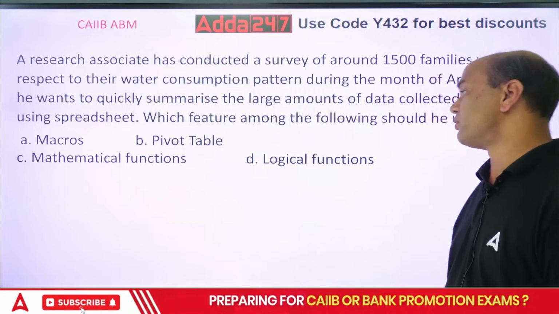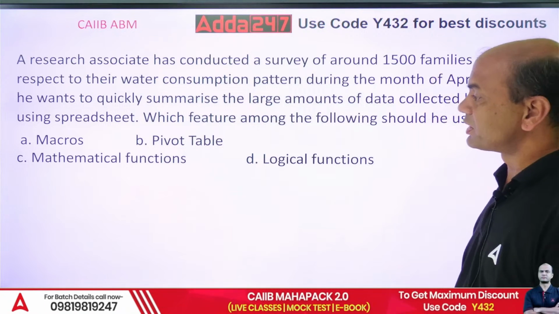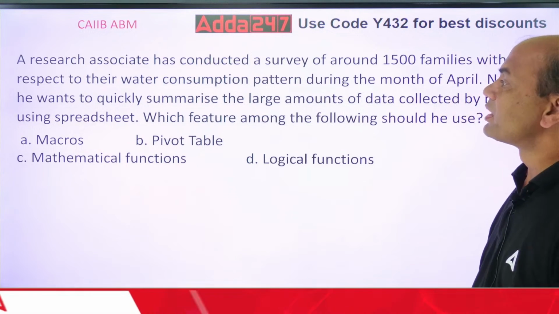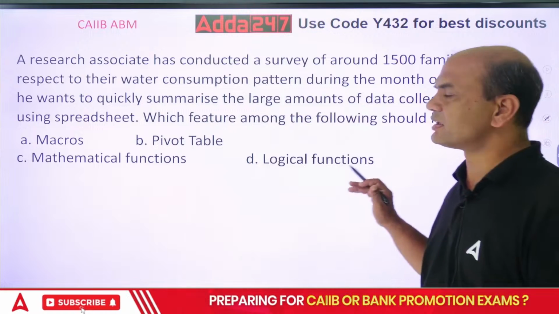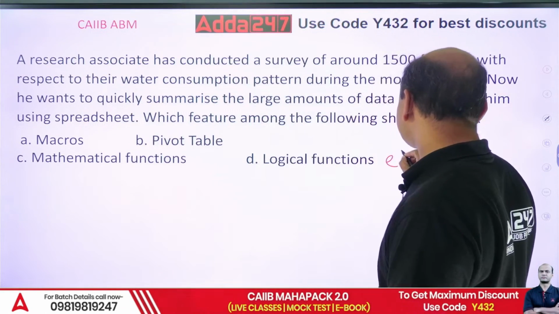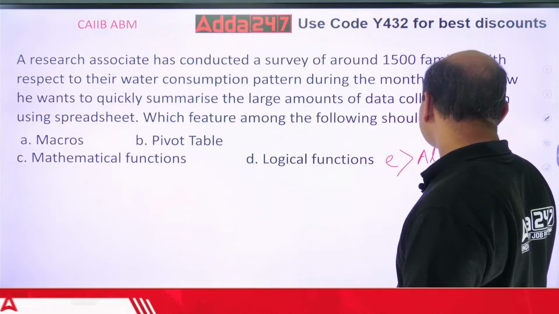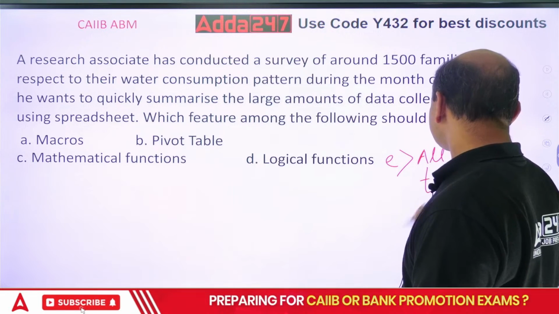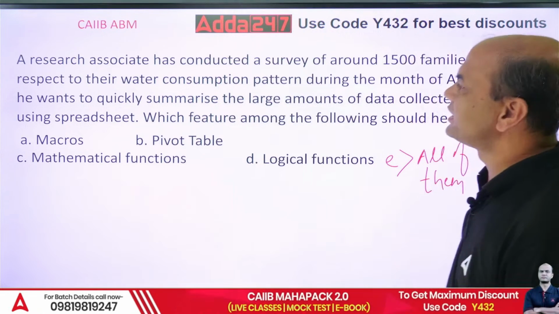So now, macros, pivot table, mathematical functions and logical functions. Now what has he done? He has done a large survey. In fact, I'll give you an answer, E, all of them. Okay, E is the answer. I've given this option.